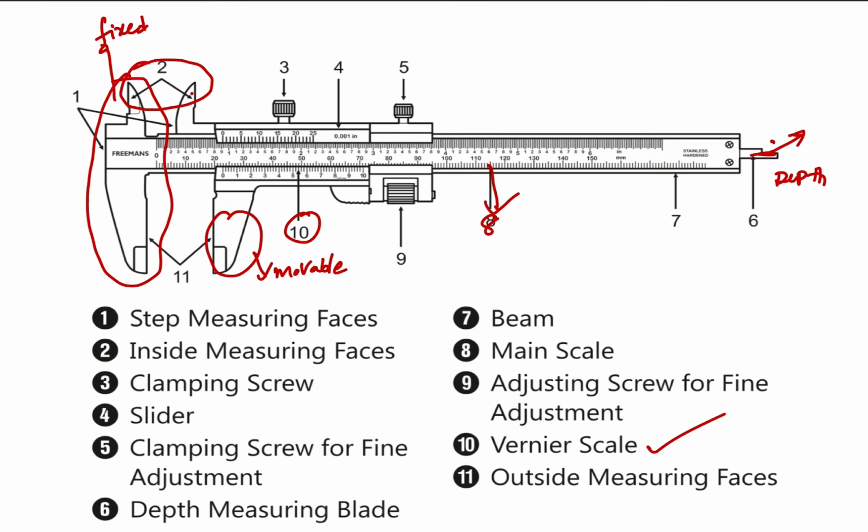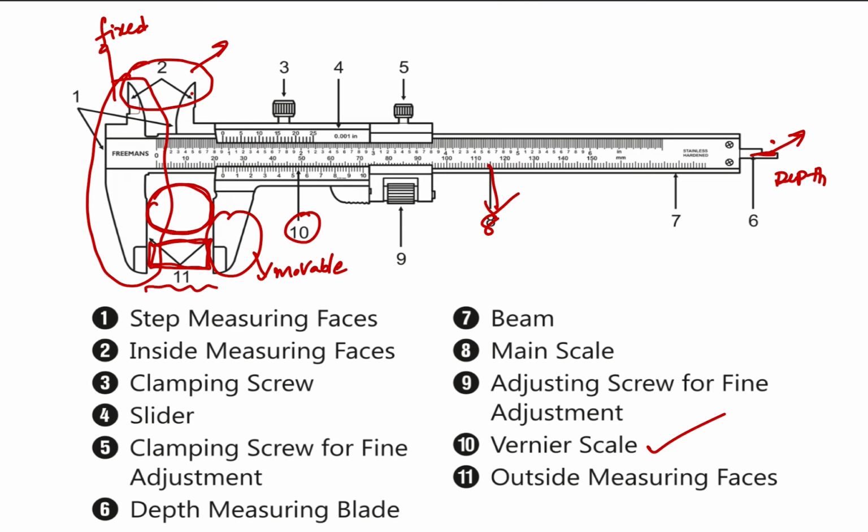If you want to calculate an inner diameter, we can use those two inside measuring faces. Now you can see the outside measuring faces. If any object is kept here, we can calculate the length of an object, or the diameter of a cylinder, with the help of the lower jaws. These are the lower jaws we can see here.